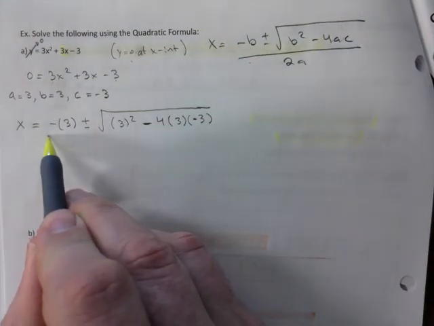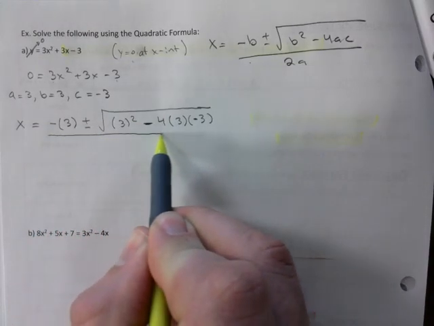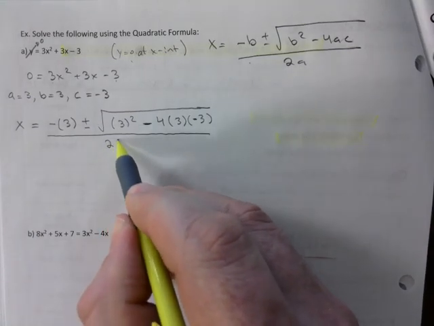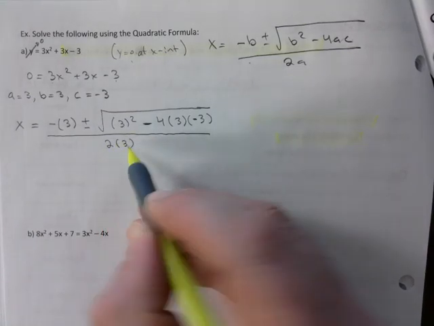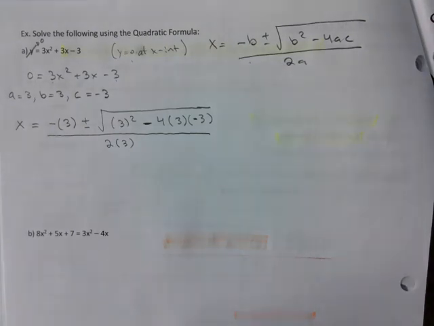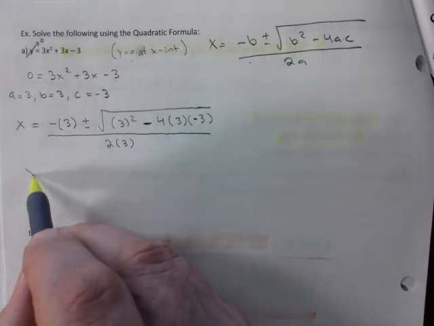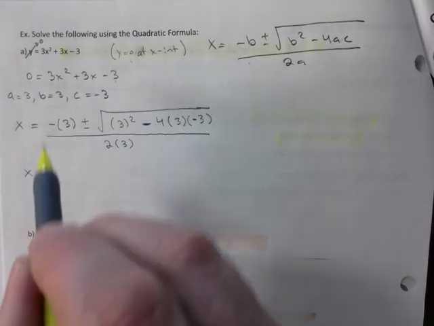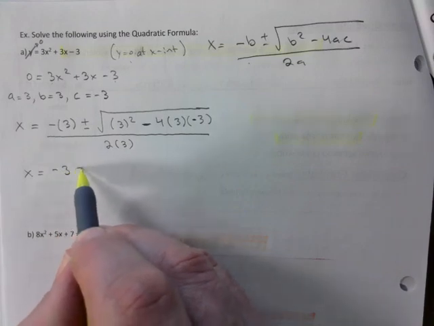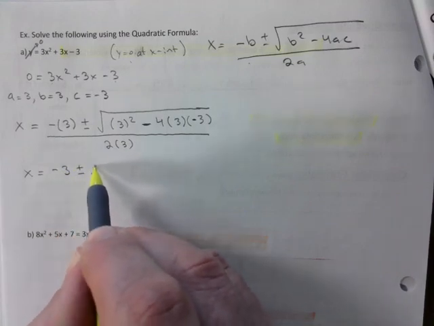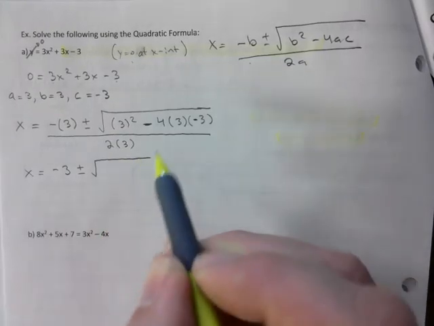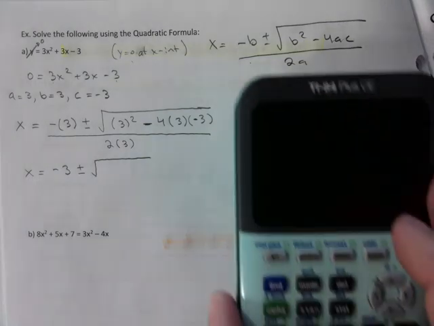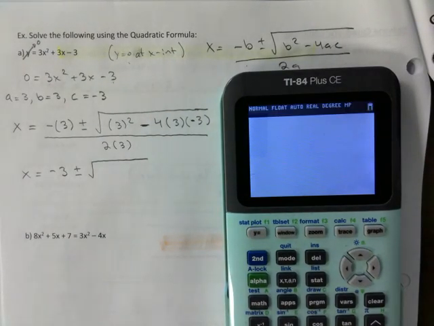And then all of that, it looks scary, but it cleans up pretty nicely. 2 times a, and a is 3 here. So let's clean this up now. Basically, I get rid of all the brackets. So negative times 3 is negative 3, plus or minus, and inside the root, you're just going to come up with one value. So grab your calculators. I'll show you how to type this in.